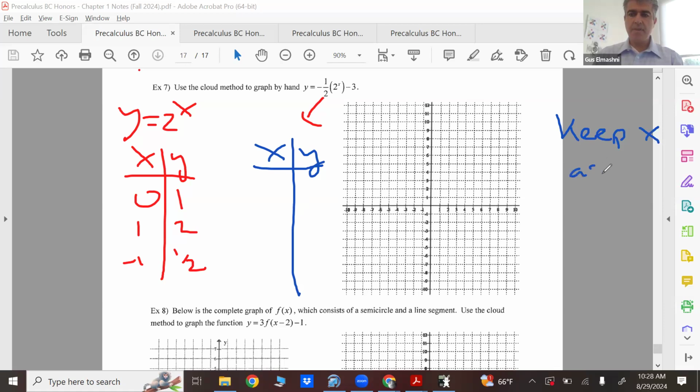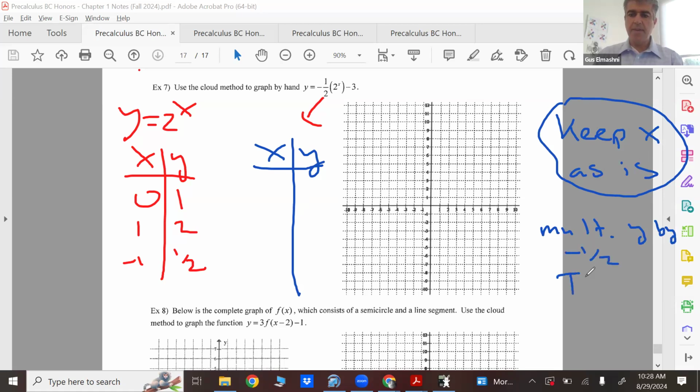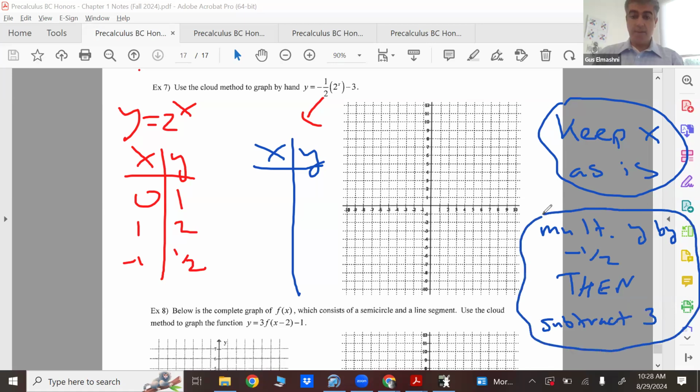Keep x as is. Here we're going to multiply y, then subtract 3.